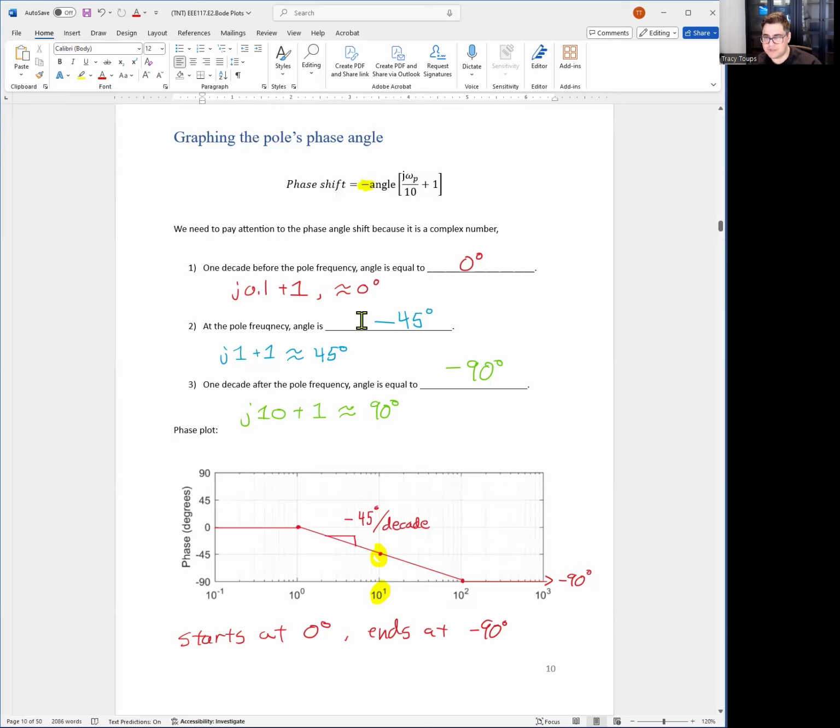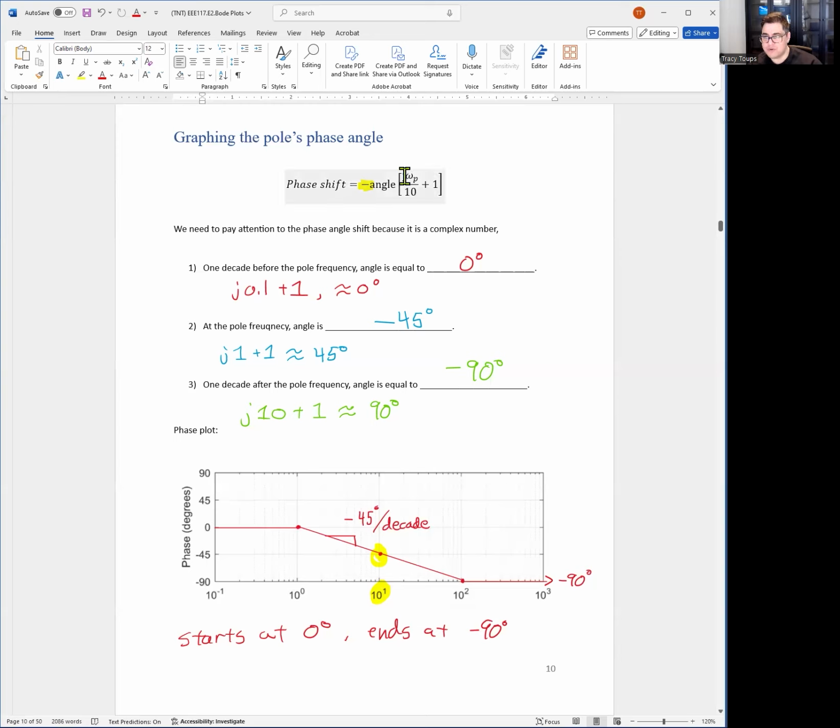And we have to subtract it, so it's negative 45 degrees, because this is a pole, it's on the denominator. So at our pole point of omega equals 10, that's where this pole is located, we're at negative 45 degrees. And then we look at a decade after. So we looked at 1, we looked at 10, let's do 100.